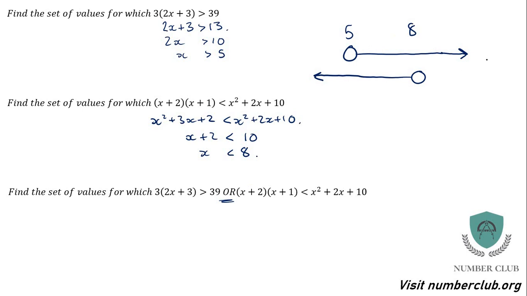So, in actual fact, x can be any number. x could be 9. It doesn't work for the second inequality, but it does work for the first. x could be 4. It doesn't work for the first inequality, but it does work with the second. And so x can be any number. Sometimes you might write that as x exists within the real numbers. x can be anything.